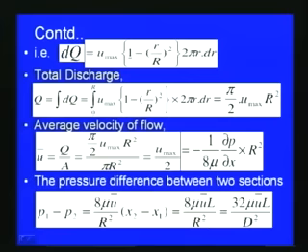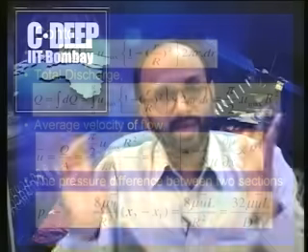So, what we did here is we simplified the Navier-Stokes equation for the given conditions, and then with respect to boundary conditions, we derived an exact solution for the velocity, and from the velocity we can determine various other parameters like pressure variations from one section to another, and then we can find out the discharge.